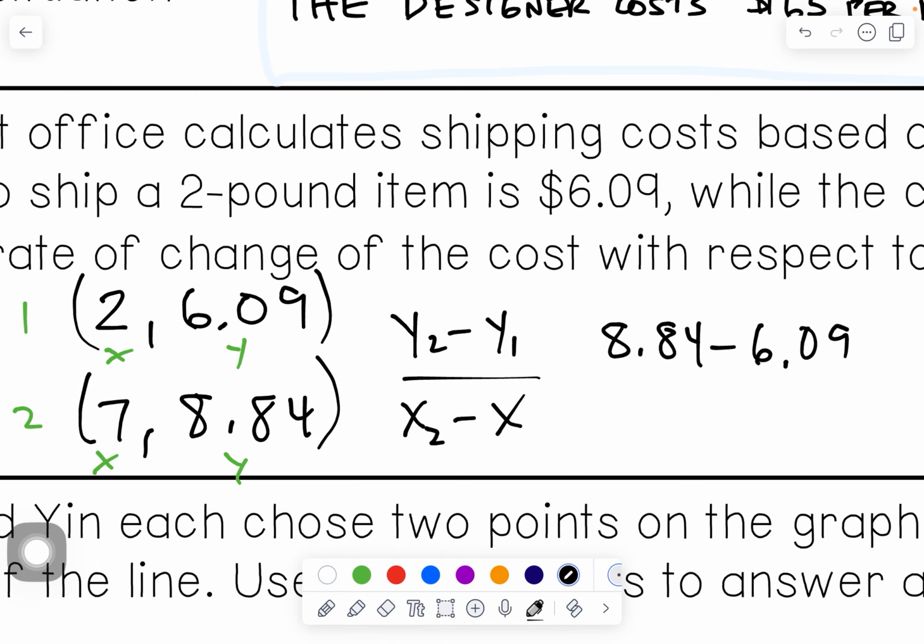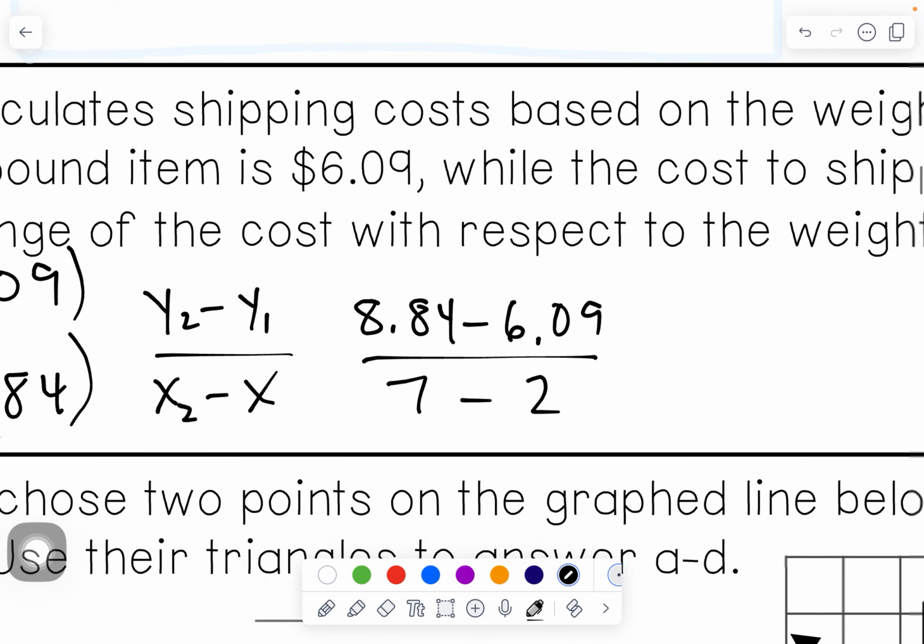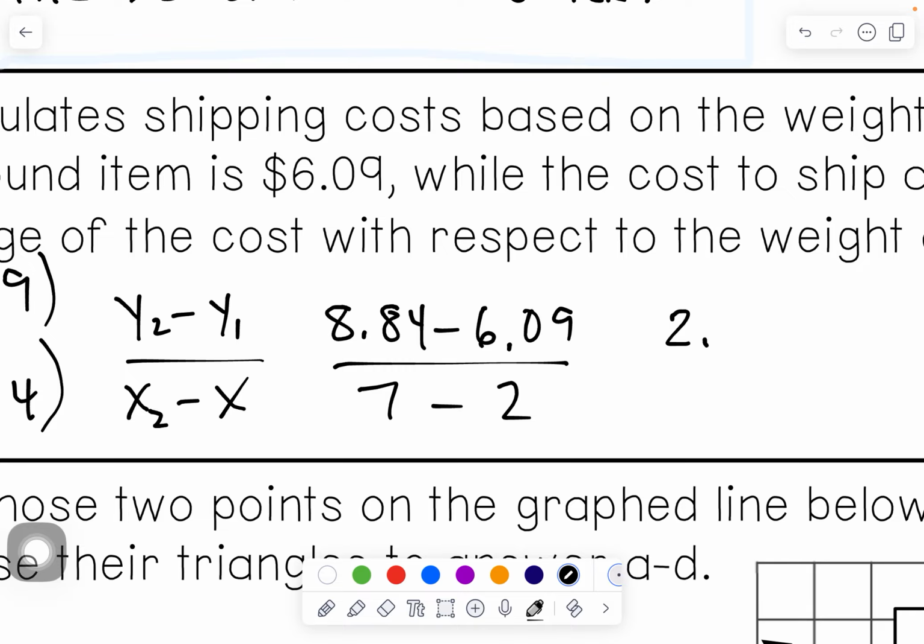On the top of the fraction. All right, and then on the bottom of the fraction, I'm going to have my weight, which is 7 minus 2. So if I take my cost, 8.84 minus 6.09, I'm going to get $2.75. If I divide that by 7 minus 2, which is 5.